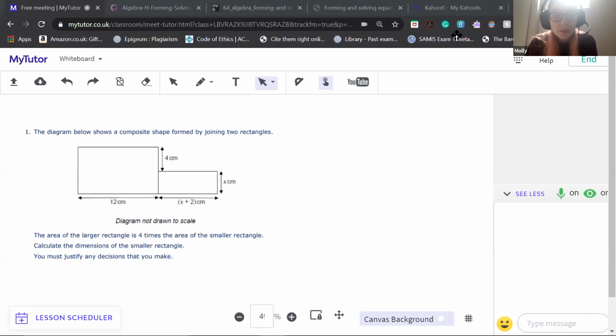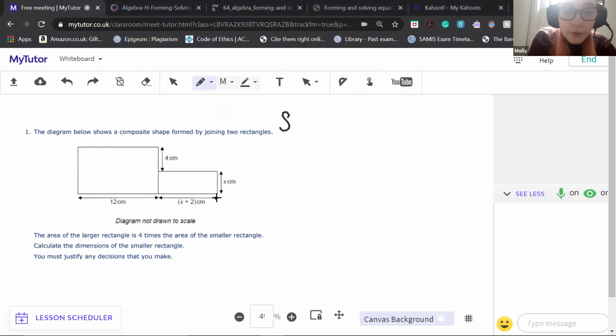Okay, so no one's popped anything yet. So we're just going to think about this nice and slowly and lay everything out clearly. The area of the larger rectangle is 4 times the area of the smaller. So let's write an equation for the area of each of the rectangles. The area of the smaller rectangle first.